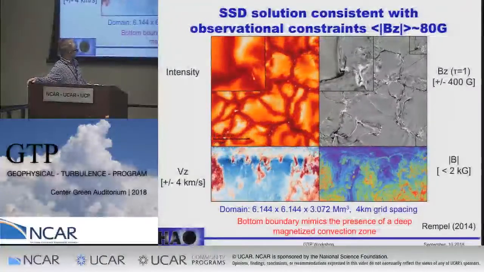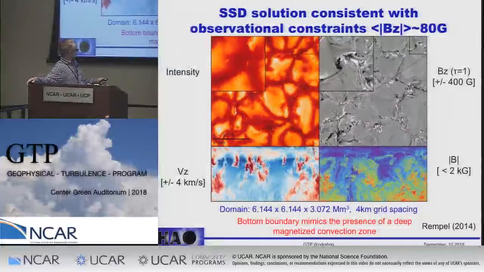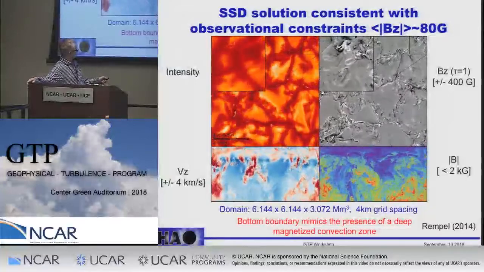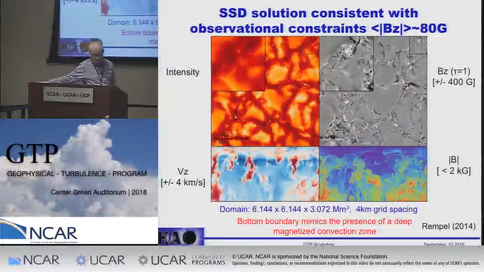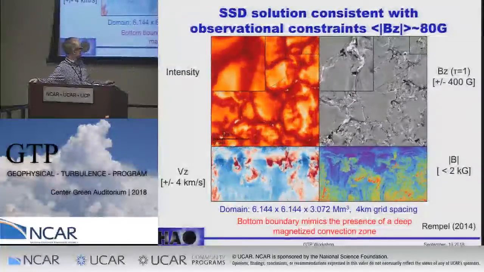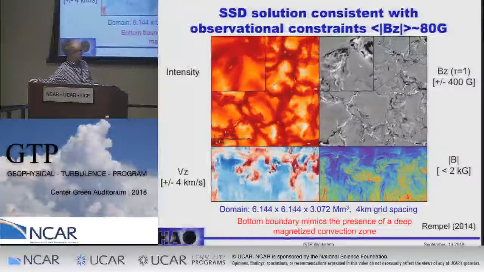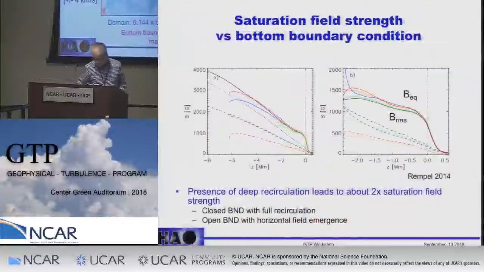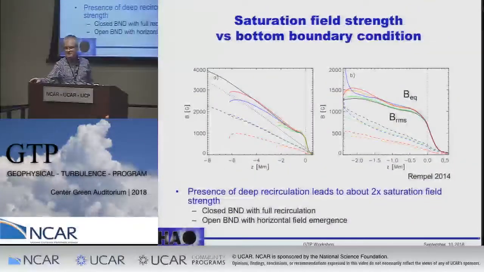Now, the bottom boundary condition: by looking at this movie, you can imagine it's an open boundary, so it is very sensitive to what you do at the bottom boundary, which mimics that the convection zone is actually deeper. If you do simulations with different bottom boundaries where you can either enable or disable deep recirculation, you get 2 classes of solutions.